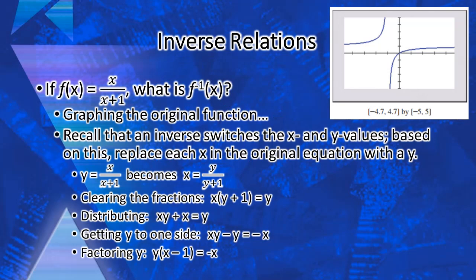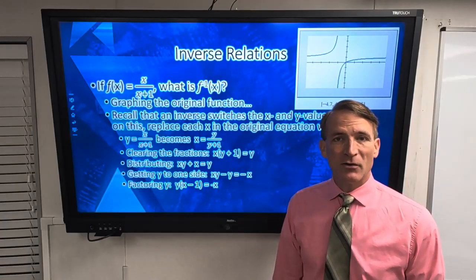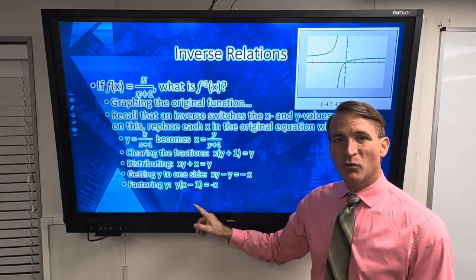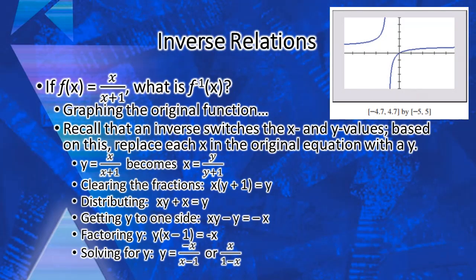So now this becomes y times the quantity x minus 1 equal to negative x. And now I can divide by my coefficient of y to get it by itself. My coefficient of y is x minus 1. So dividing both sides of my equation by x minus 1 gives me y is equal to negative x over x minus 1.